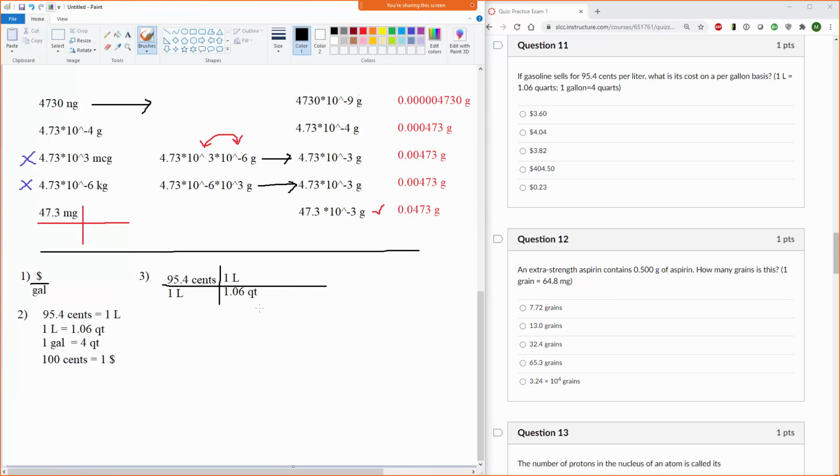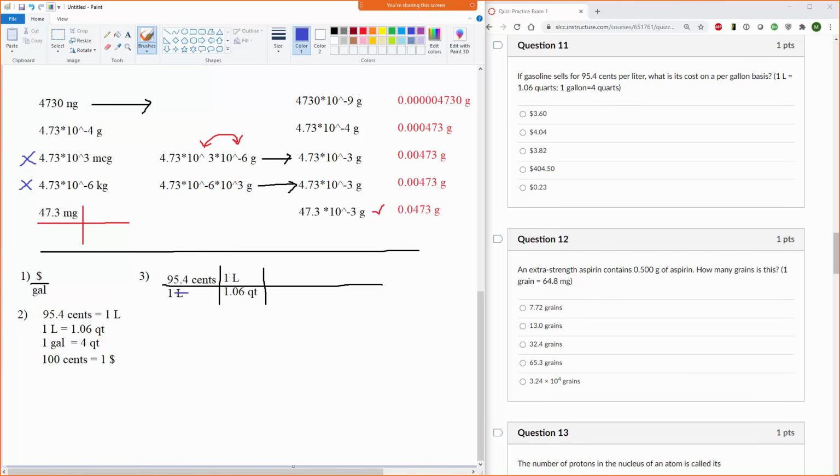Good. Note, I'm not being as much of a stickler on the identity units here, just because I don't think there's any worry of you getting confused between liters of gasoline and cents of money. But it's easy if you've got milligrams and grams, right? Or kilograms and grams of body and drugs.